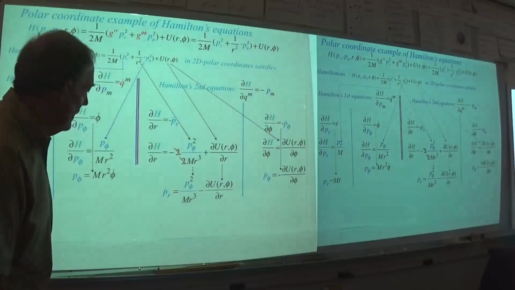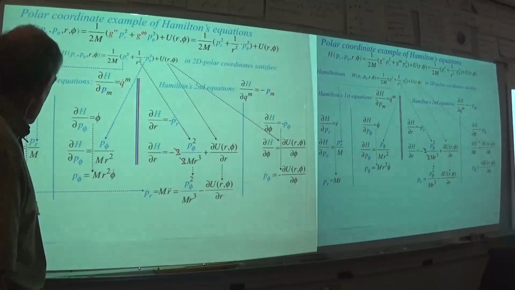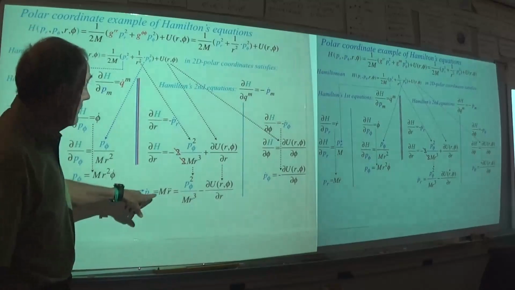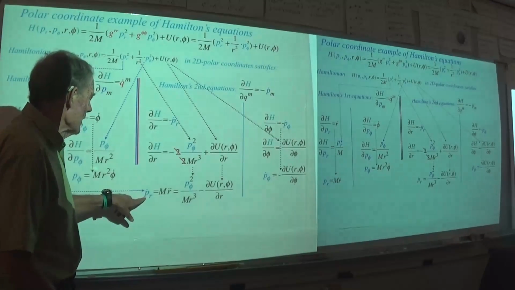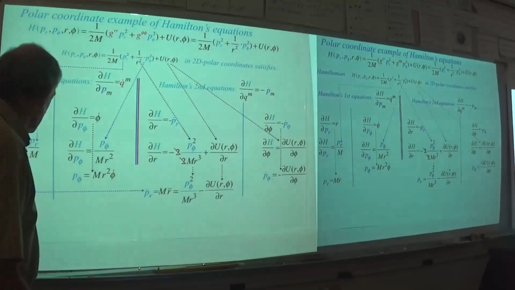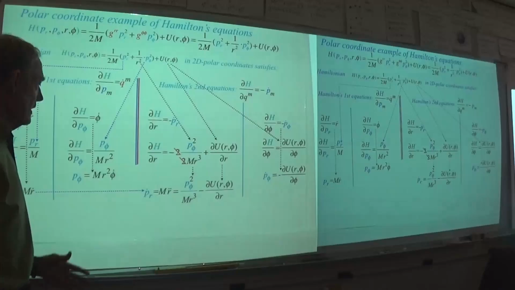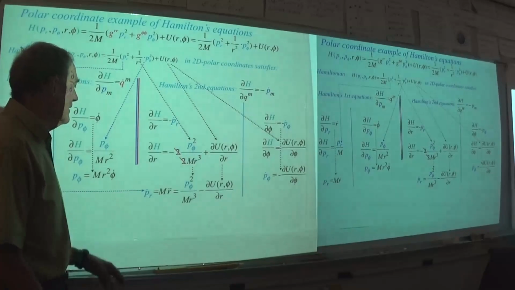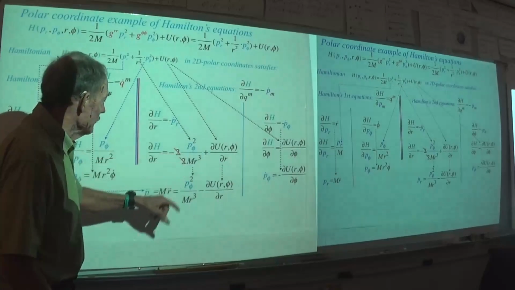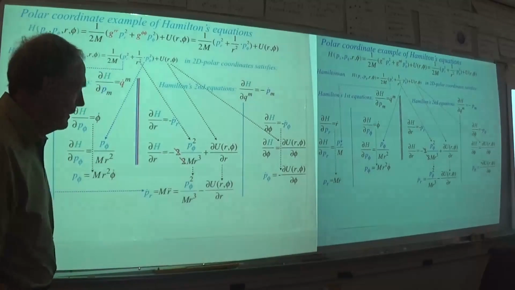So what we have to do is an end run around this thing. We say we've got p_r equal m r dot. That means if I take the time derivative of that, and the mass doesn't change, I've got p dot r equal m r double dot. So I can immediately set that just because I have this one right here already in that form.